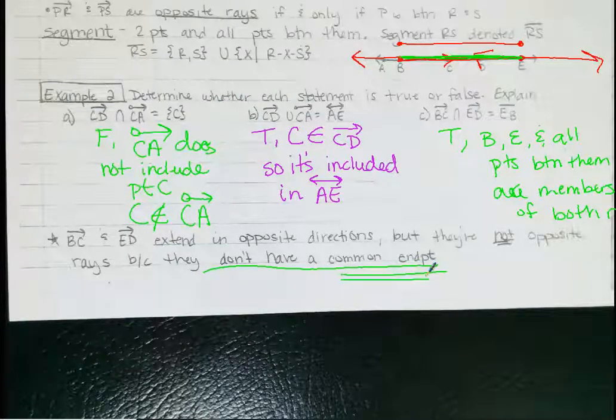So back up here to our definition at the top, ray PR and ray PS are opposite rays if and only if P is between R and S. So we're just restating that, but we're saying that's true for every single ray. It has to be between them. They can't go in opposite directions and be considered opposite. They have to have a common endpoint.